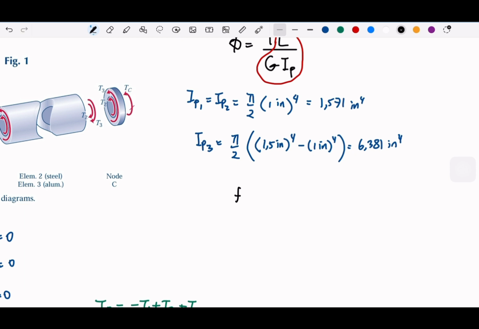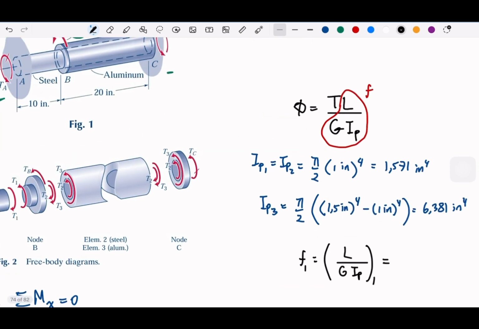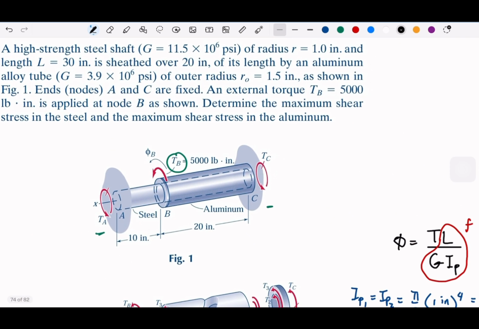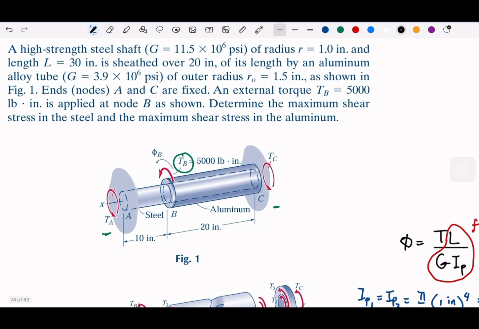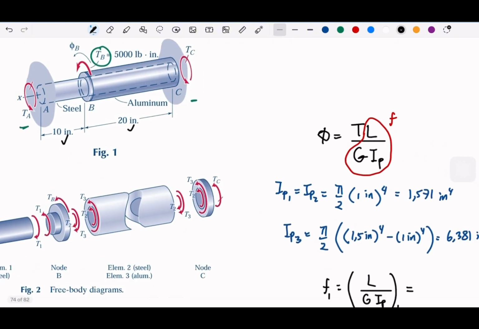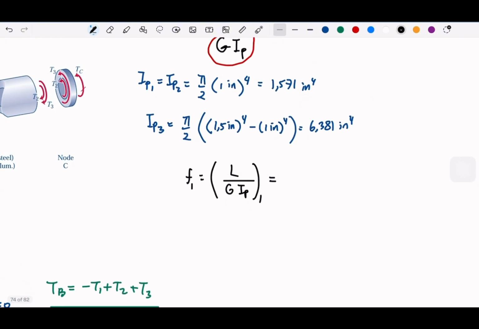Let's say this is for f1. This is L, G, and I, P for element 1. So L for element 1 is 30 inch. I think this is element 1, this is element 3. So 30 inch.